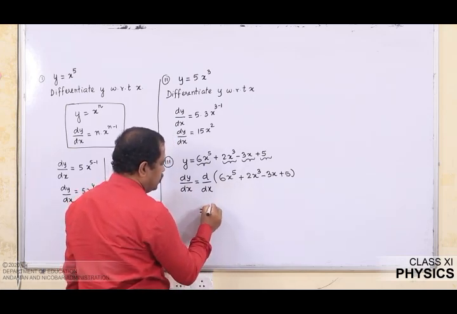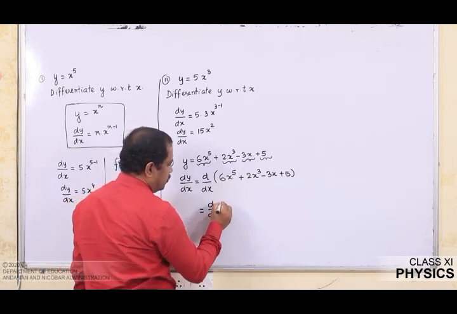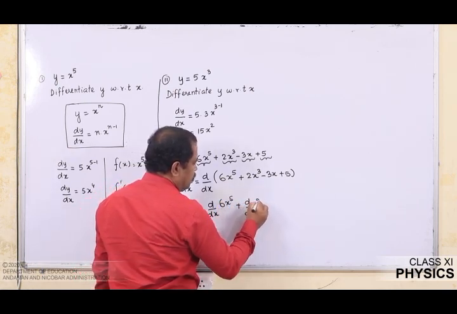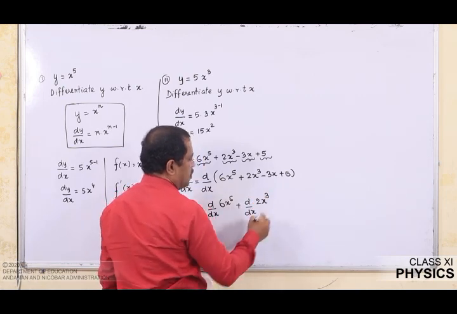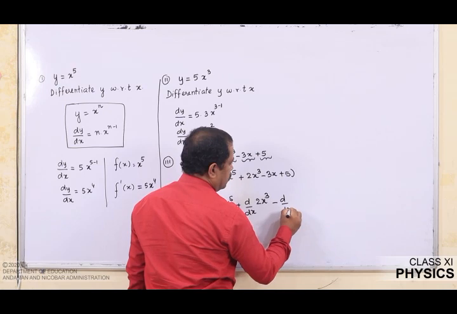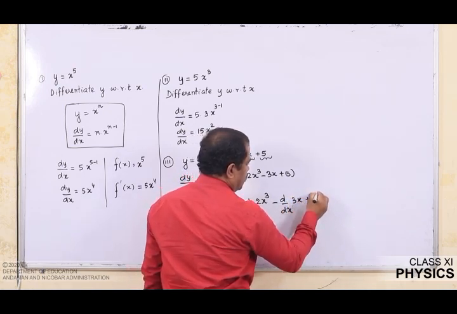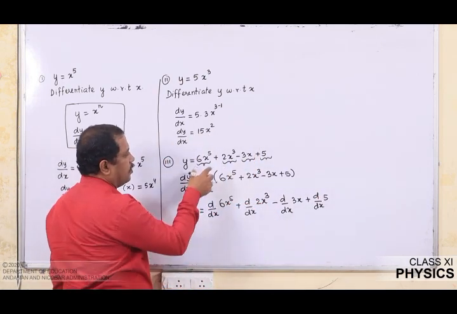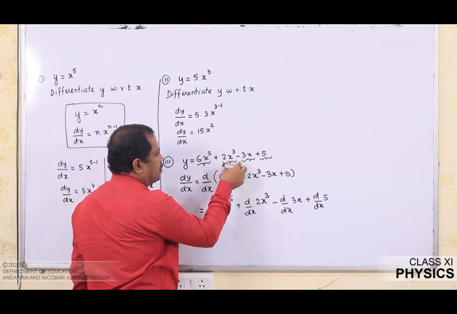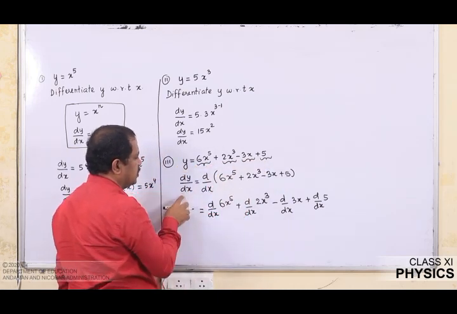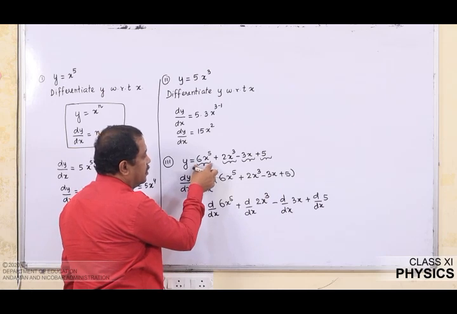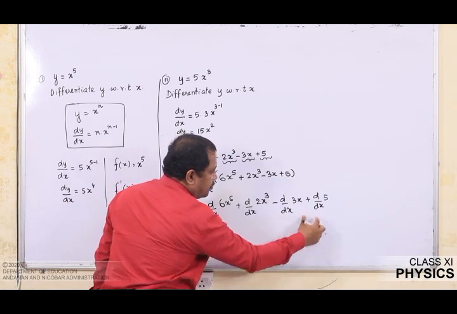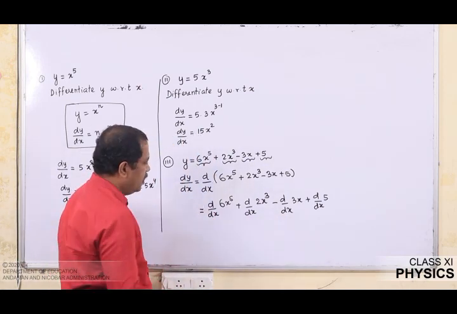So, I have d over dx of 6x power 5 plus d over dx of 2x cube minus d over dx of 3x plus d over dx of 5. That means, when I have a function of many terms, I can differentiate each term separately with respect to x. So, I have separately written the terms of the function and I am going to differentiate.